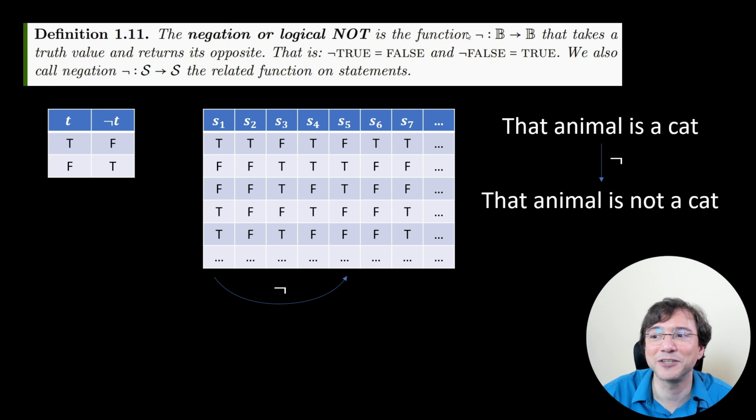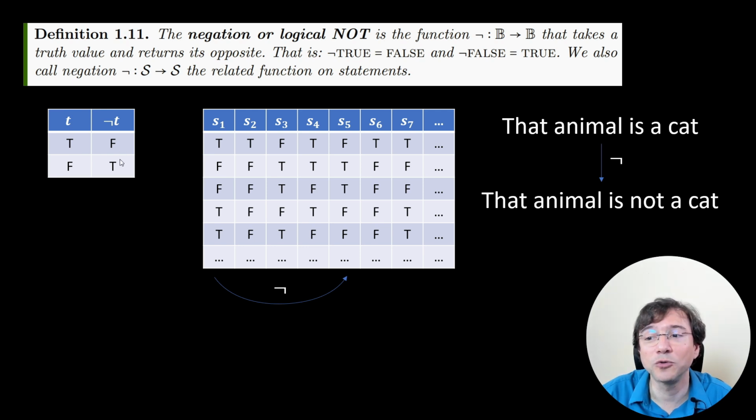The negation here is going to be a function that takes a Boolean value and gives us another Boolean value. So if the argument is true, then the result of the negation is false, and if the argument is false, the negation is true. So this is a function on Boolean values.